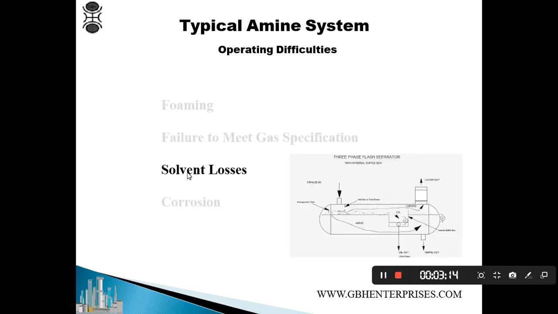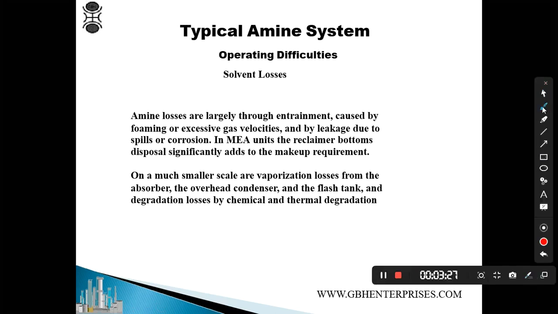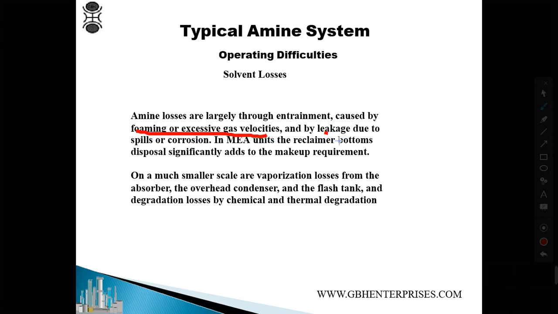These are some of the operating issues. Next, solvent losses. A major cost inside this amine process is the solvent, and sometimes losses occur. The losses are either because of foaming or excessive gas velocity, or because of leakage due to spills or corrosion.